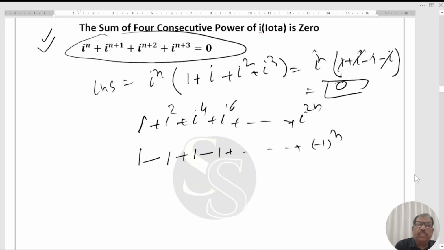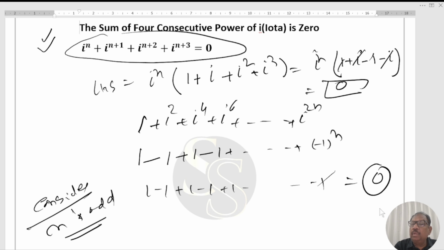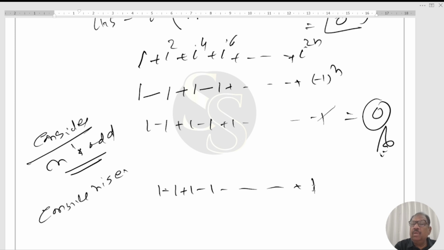Now considering n is odd, we get a minus, so 1 minus 1 plus 1 minus 1 plus 1 minus 1, and everything cancels, giving the answer 0. If n is even, then 1 minus 1 plus 1 minus 1 plus 1, the last term remains balanced, and the answer will be 1. Two cases were there: if n is odd, the answer is 0; if n is even, the answer is 1.